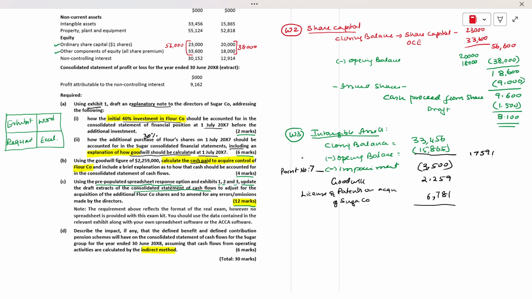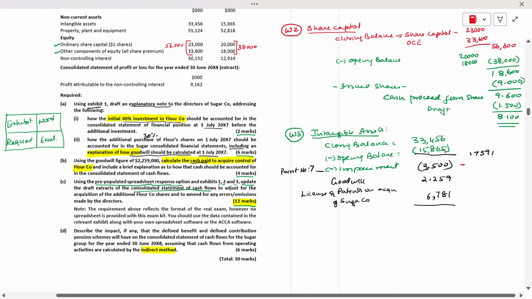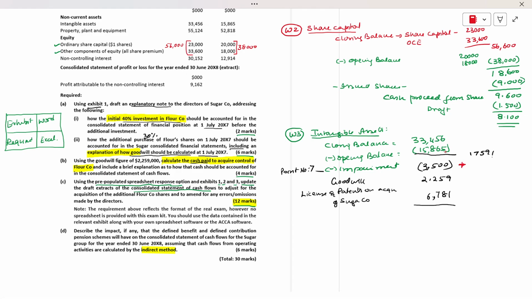No, one second. 17591 plus 3500 minus 2259 minus 6781. It should be like this. Plus 3500 minus, we have to reconcile now.